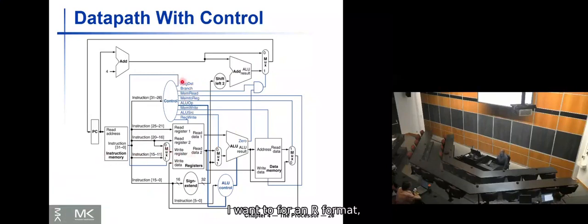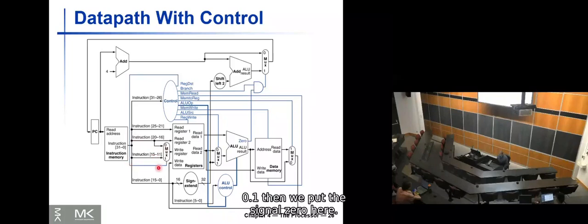For an R format instruction, I am going to find these control signals. The first control signal is regdist here. It selects either from RT or RD. In R format, the operand is always RT. The multiplexer has two inputs, 0 and 1.